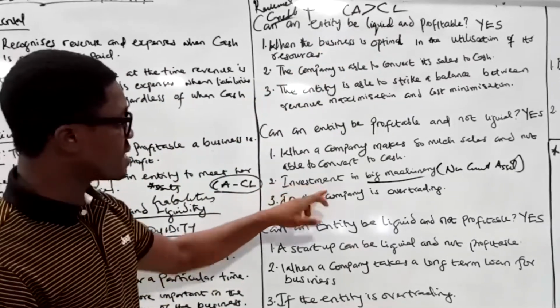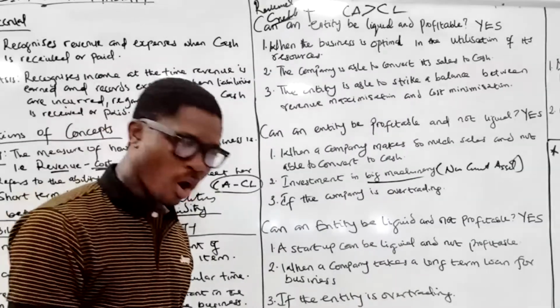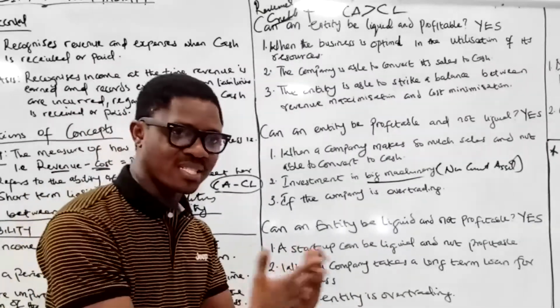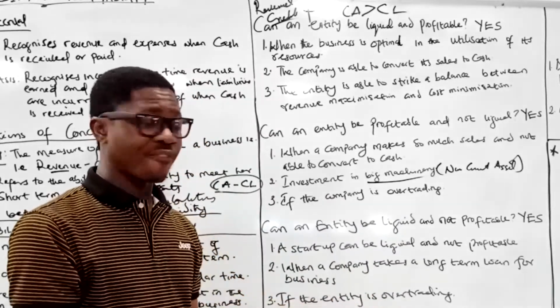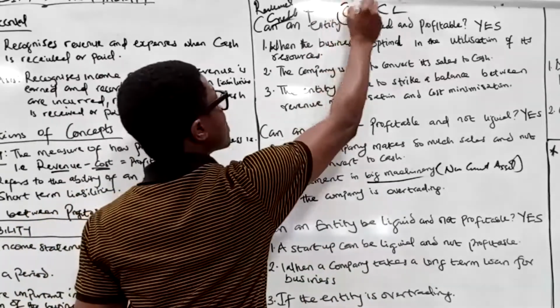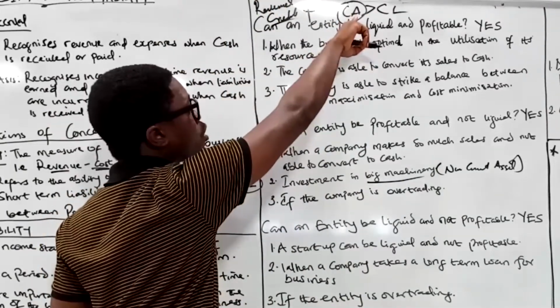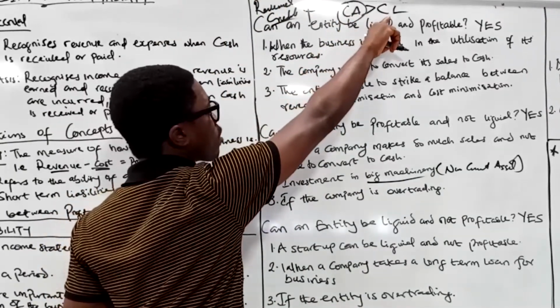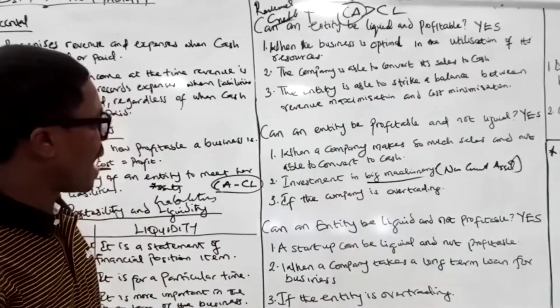So in this case, a company can be profitable. All the profit it has made, once it is invested in big machinery, will affect this aspect of the statement of financial position. And affecting it will mean that current liability will eventually be greater than current asset.